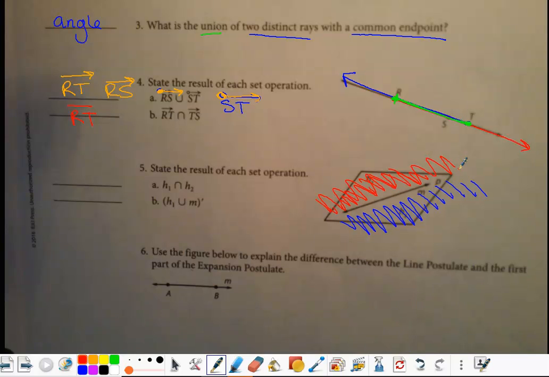That's the hard part, because you're wondering how they don't meet at the line. But H2 comes all the way up to the line, but doesn't include the line, just like the half line. It comes all the way up to the point, but doesn't include it.